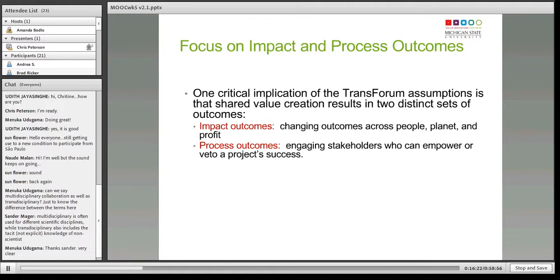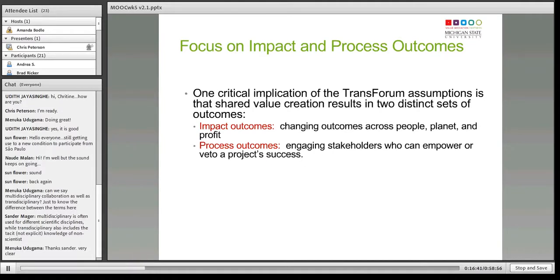A project that focuses only on people, planet, and profit as objective outcomes will very often find that it comes up with an elegant solution that stakeholders really aren't prepared to implement.